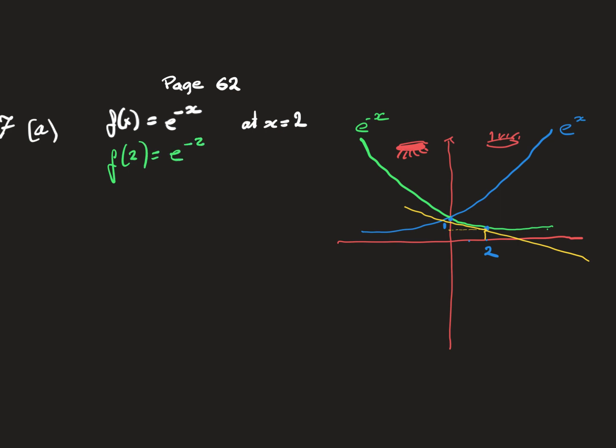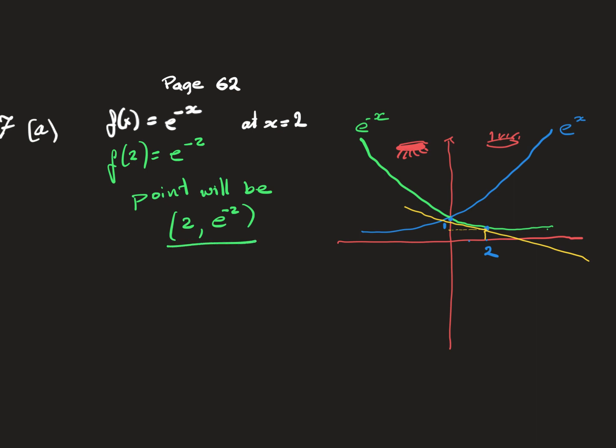So I know that the point will be (2, e to the minus 2). Okay, so we know that's the point.